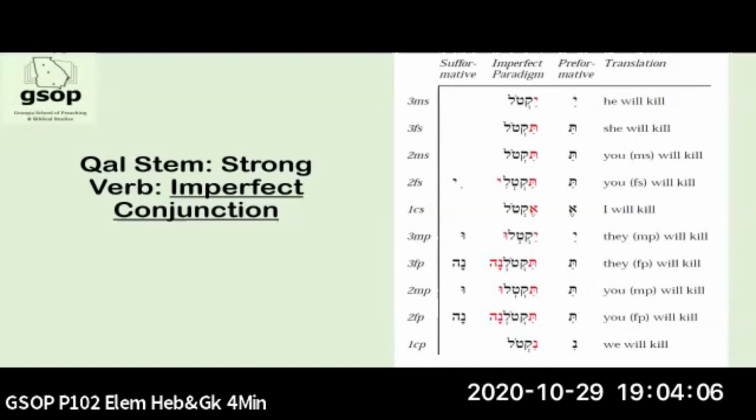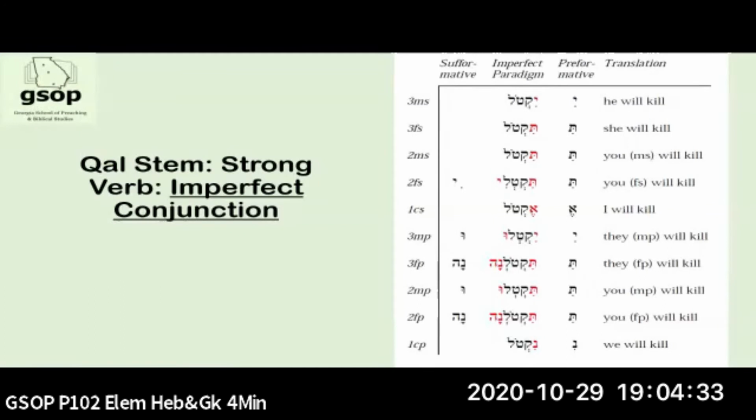In the third masculine plural, we once again come back to our yod with the hireq. Now notice a pattern. Second masculine singular, third masculine plural, both have the yod with the hireq underneath it. Then the others all have the tav with the hireq underneath it, both in the plural and the singular, except for the first common singular and the first common plural.